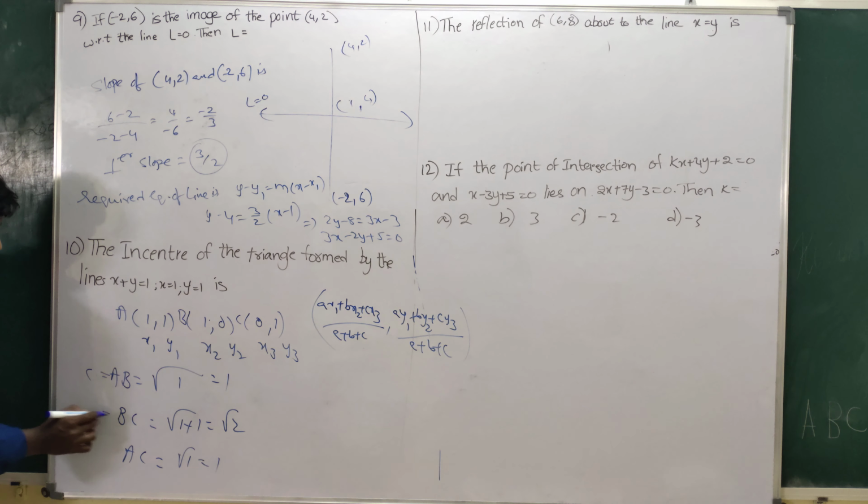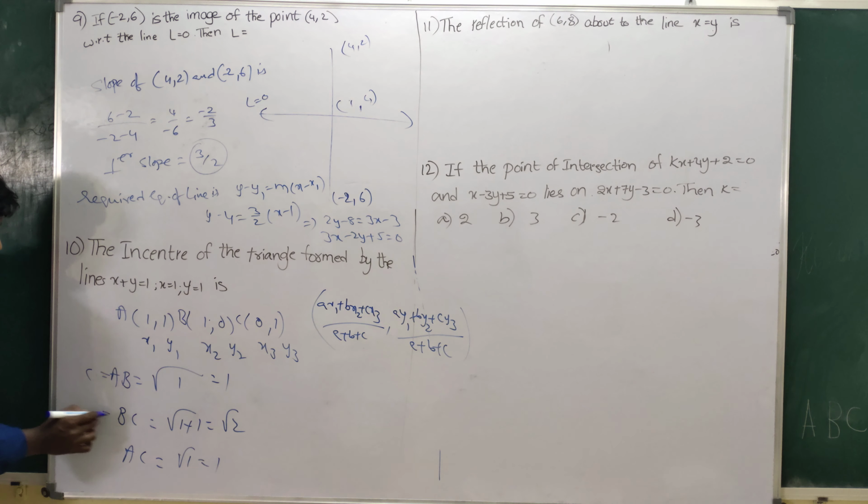We substitute these values in the given formula. A into x1, a value root 2 into x1 value 1, root 2, plus b into x2, 1, and also c into x3, c value 1 into x3 0, by a plus b plus c, 2 plus root 2.